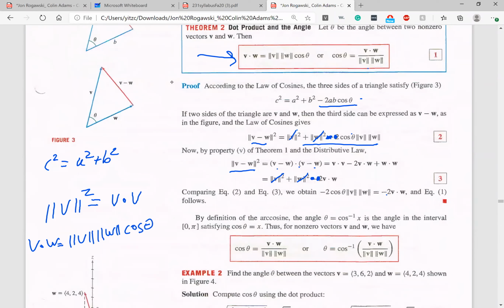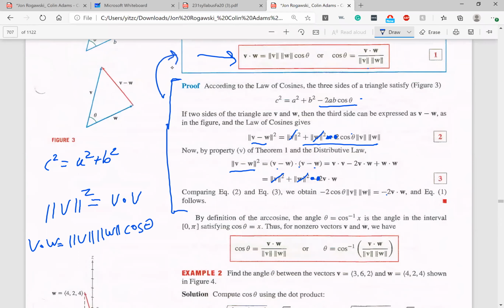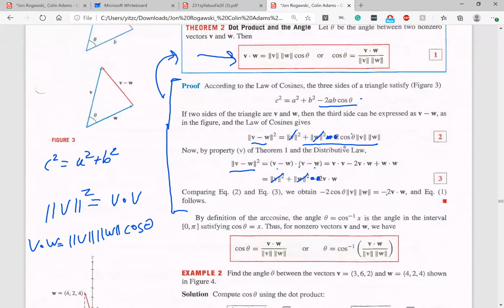So yeah, this is just the proof of that from here to here. So you don't need this as an equation, but it's interesting to know the proof. And it uses mostly the law of cosines. All right, got it, thanks.